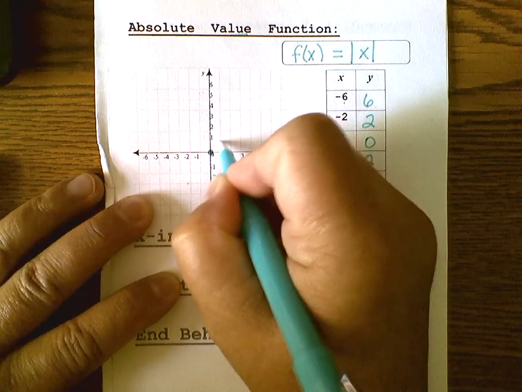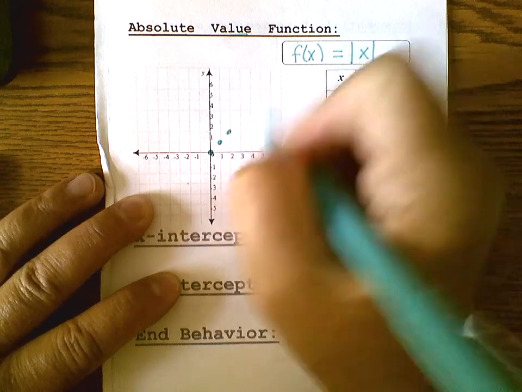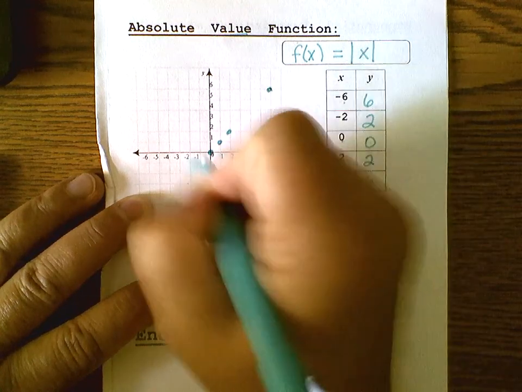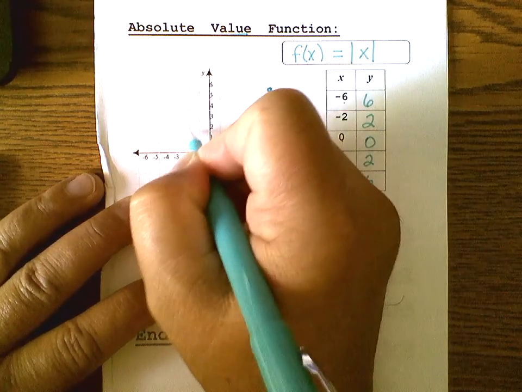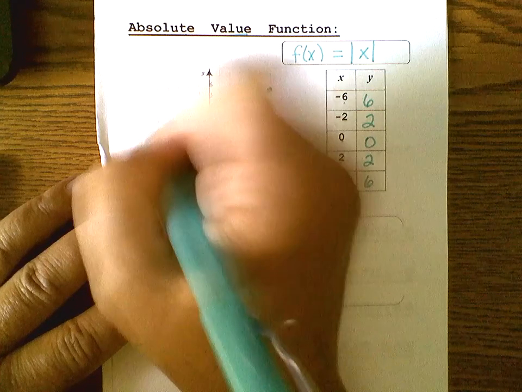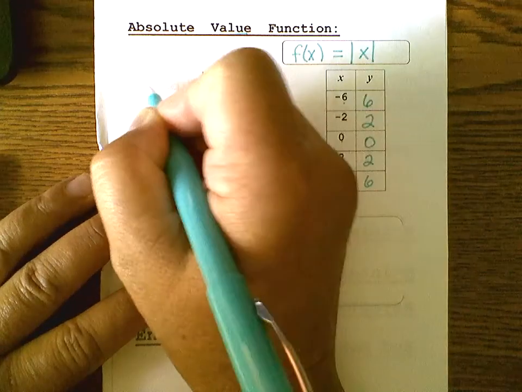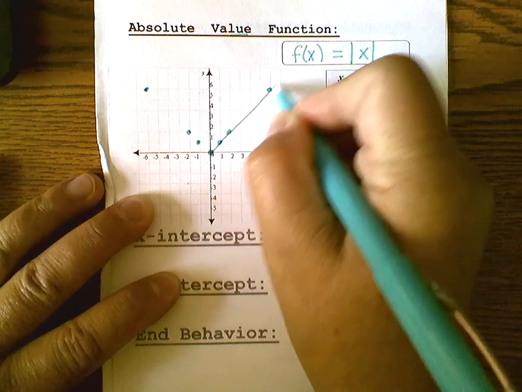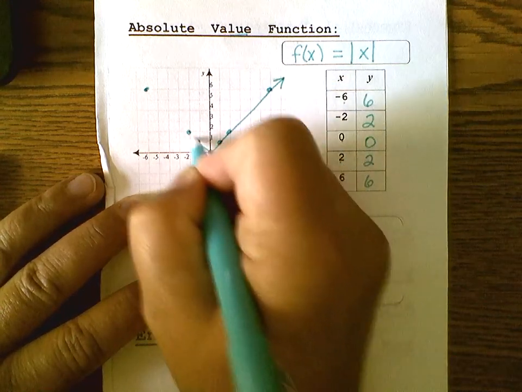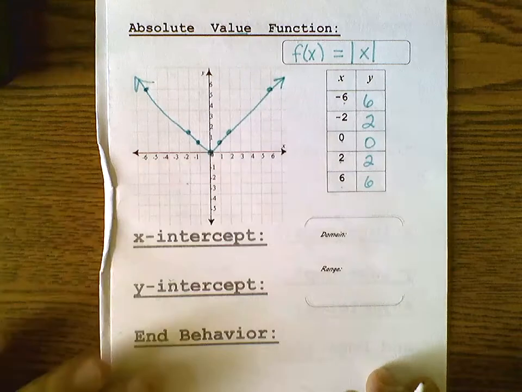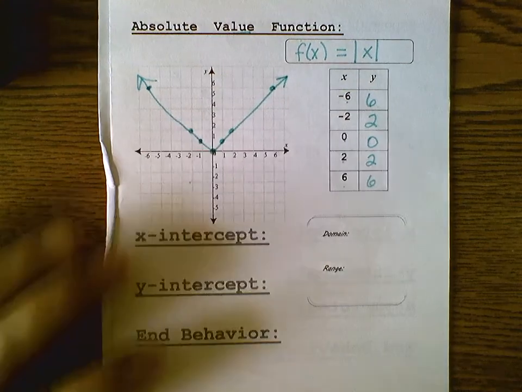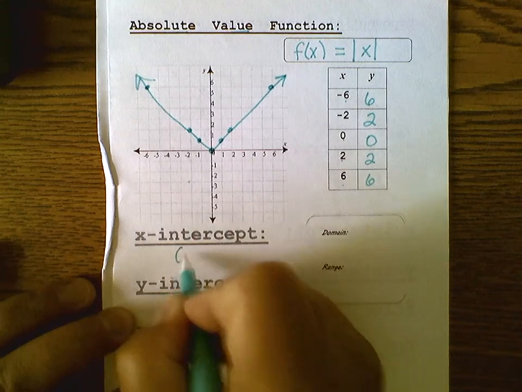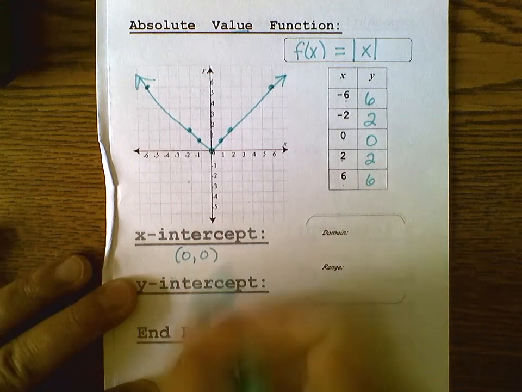So when you graph this, -1, 1, -2, 2, we get something that looks like a V. All right, so x-intercept, again, the origin.